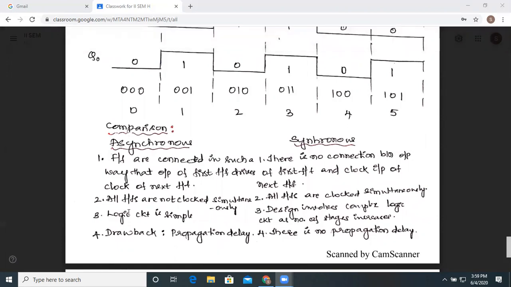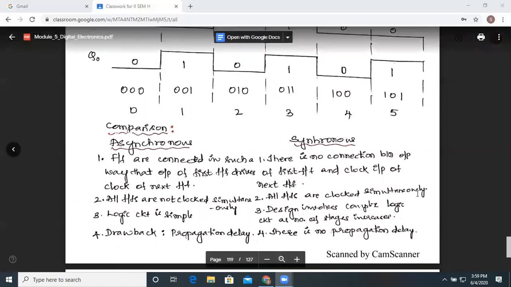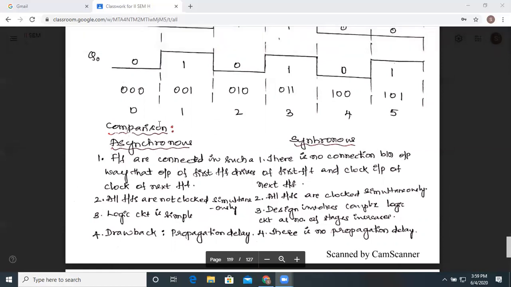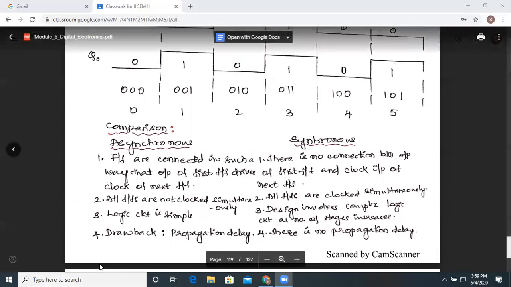That we could see in the second difference. In the case of asynchronous counters, the flip-flops are not clocked simultaneously, but in synchronous counters, all the flip-flops are clocked simultaneously. With respect to the design, the logic circuit is quite simple in asynchronous counters, but quite complex in synchronous counters.